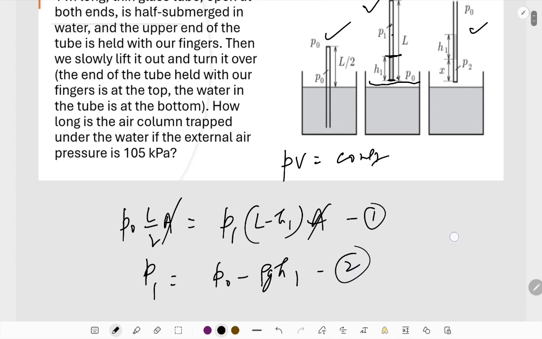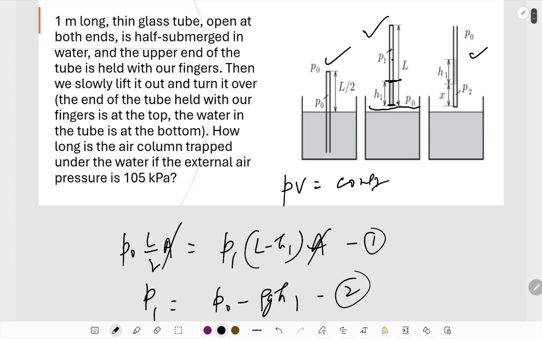Now we turned the tube, and after turning the tube, the pressure here has changed. It has become P naught, because after rotating, this end will come into contact with the atmosphere, so the pressure here will become P naught definitely.